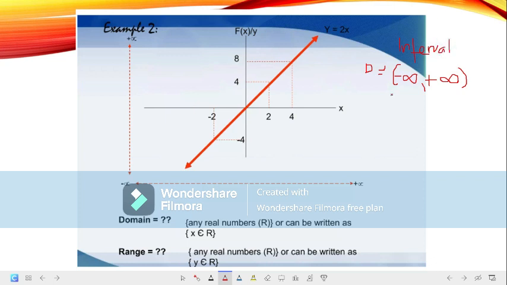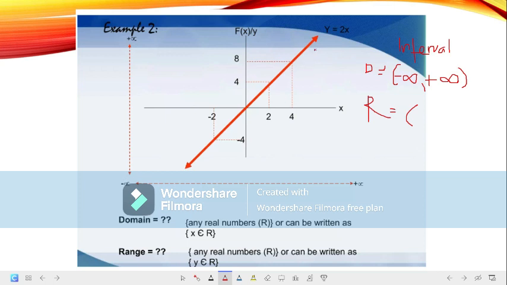Okay, so how about our range? How are we going to write our range using the interval? We have here negative infinity. This is our y values. Remember, for y values, we are going to look at the vertical portion of the graph.